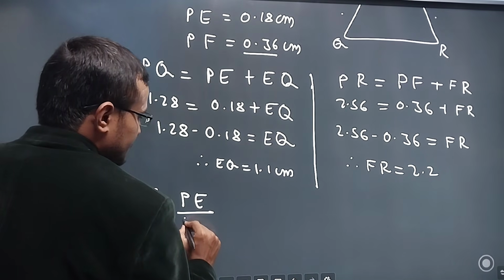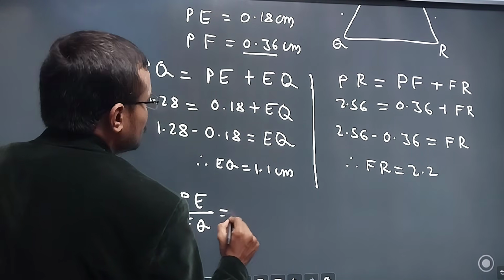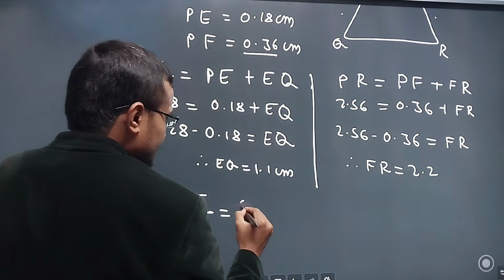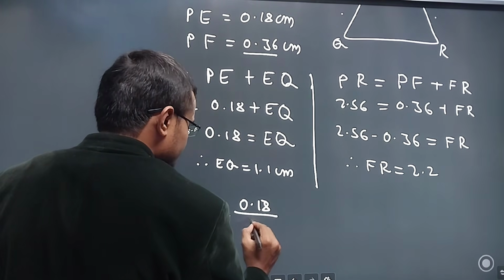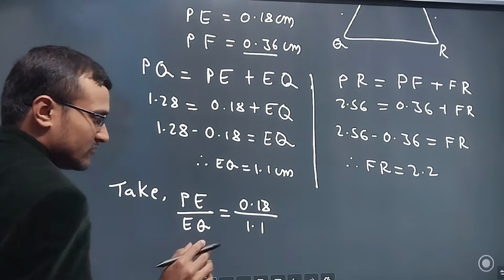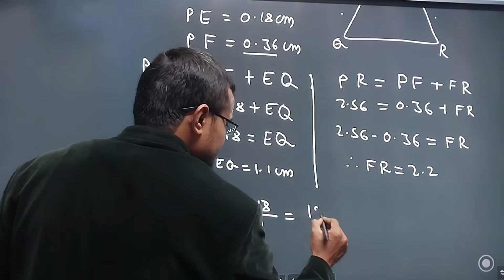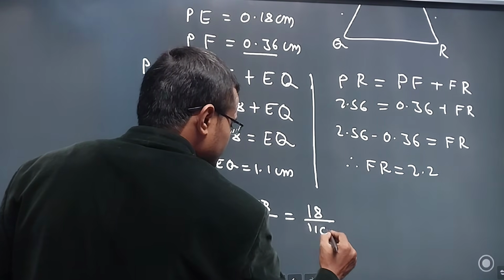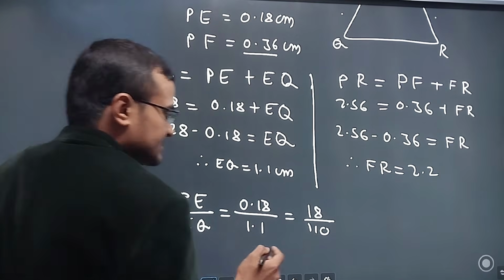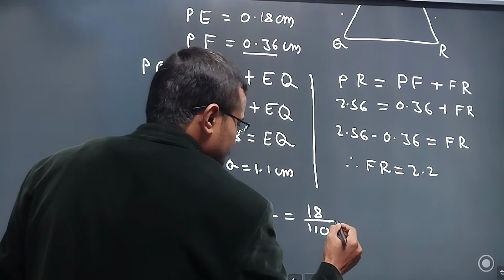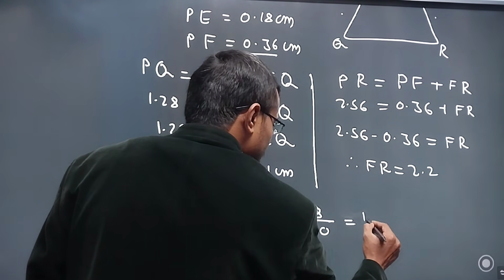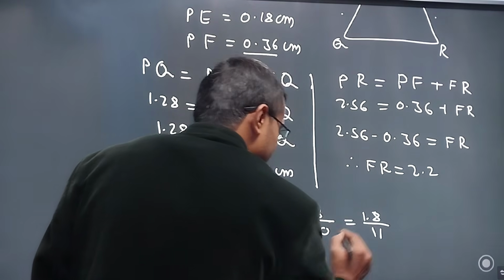Now we will take PE by EQ. PE they have given as 0.18. So 0.18 divided by 1.1. This you can write as 18 by 110, or else you can write this as 1.8 divided by 11.